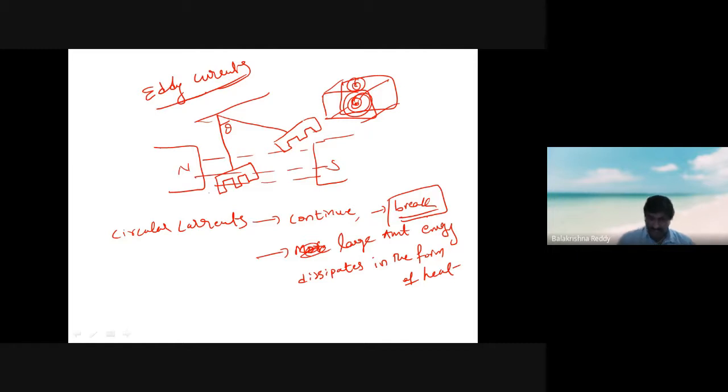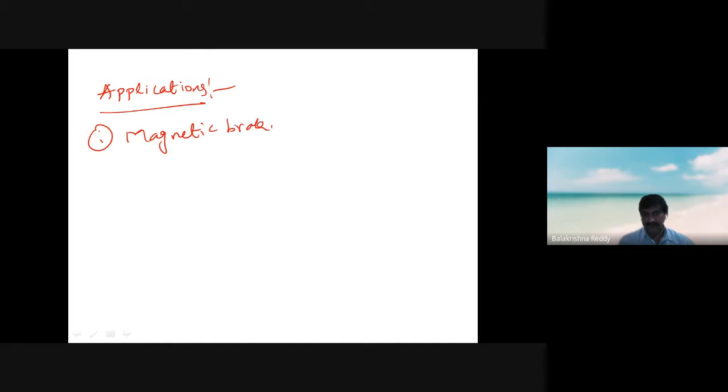Now there are some applications of eddy currents. What are the applications? First, magnetic braking in trains. What type of trains? Usually magnetic levitation trains, wherever we use strong magnetic fields on the rails while the train is moving.